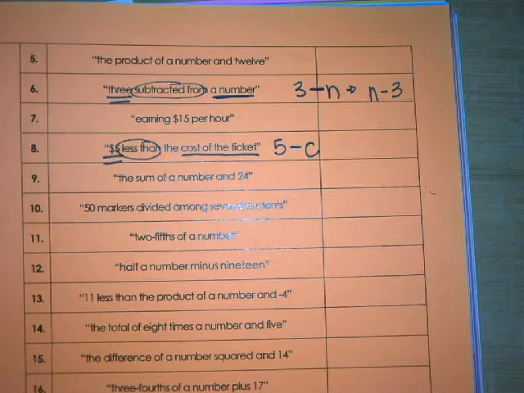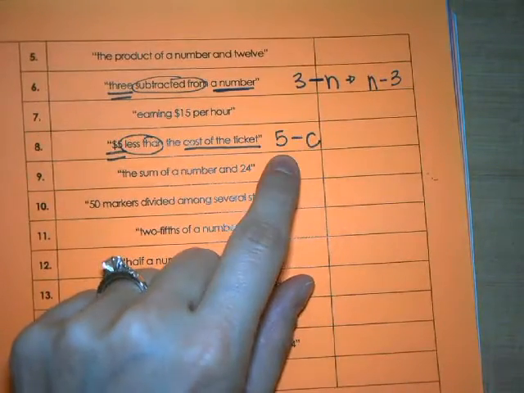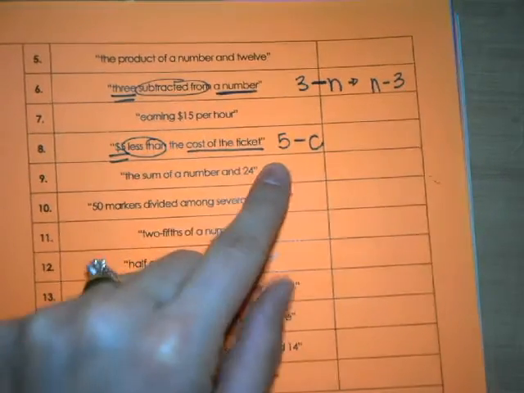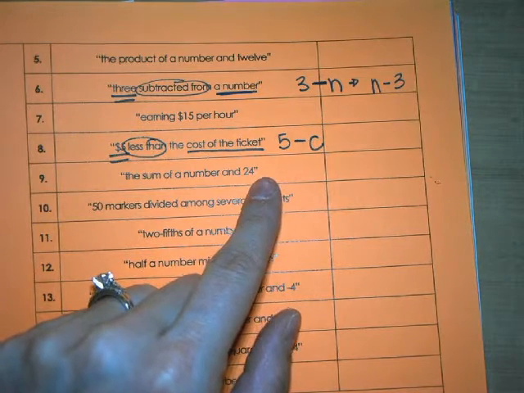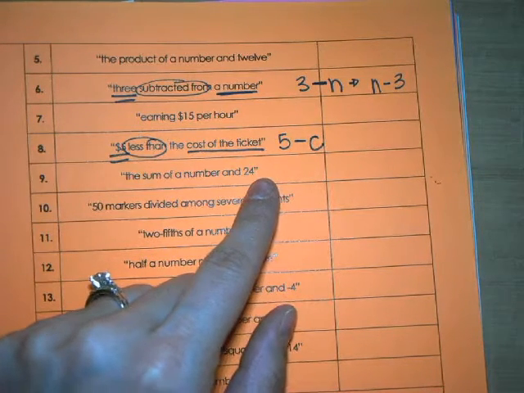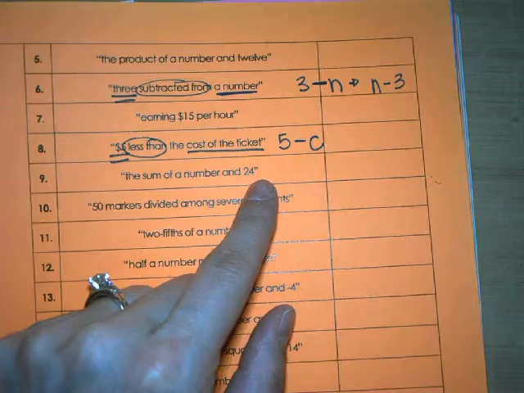So I am saying $5 less than the cost of the ticket. Well, this is saying $5 minus the cost of the ticket. Is that the same thing? No. So if I want it to say $5 less than the cost of the ticket, what do I need to do?